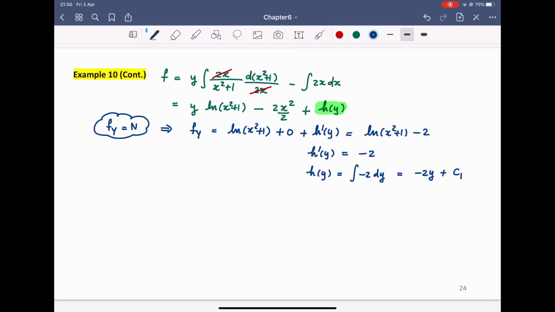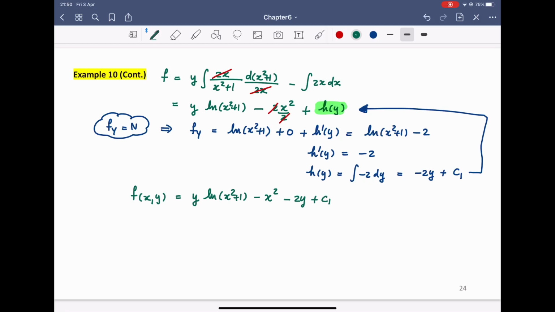Once I get h(y) here, I can just plug it back into this equation. So I get my f, right? So my f(x,y) is going to be y times logarithm of x squared plus 1 minus, so this cancels, x squared, and then minus 2y plus c1. So this is my f(x,y).